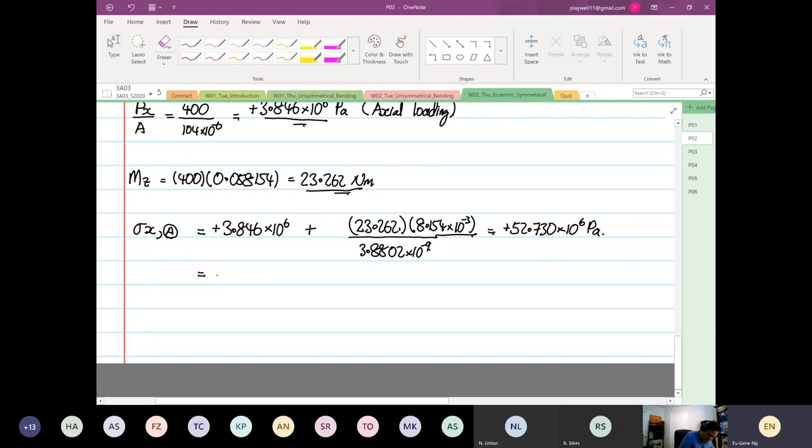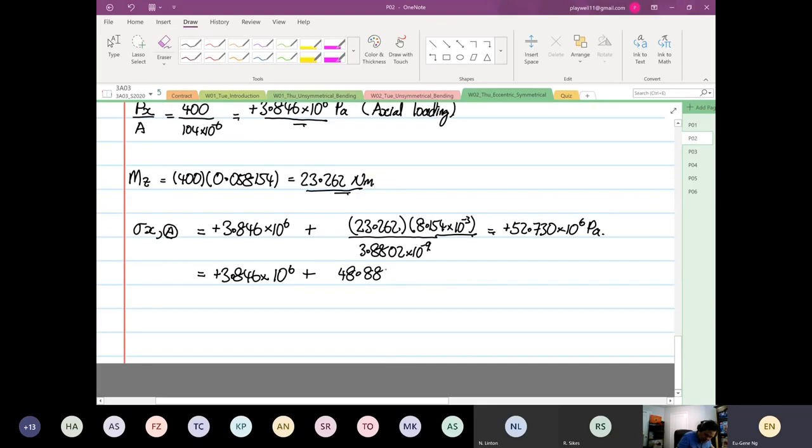So this is equal to positive 3.846 times 10 to the power 6 plus the bending term, which is equal to 48.884. Now my pen is not working, my bad.